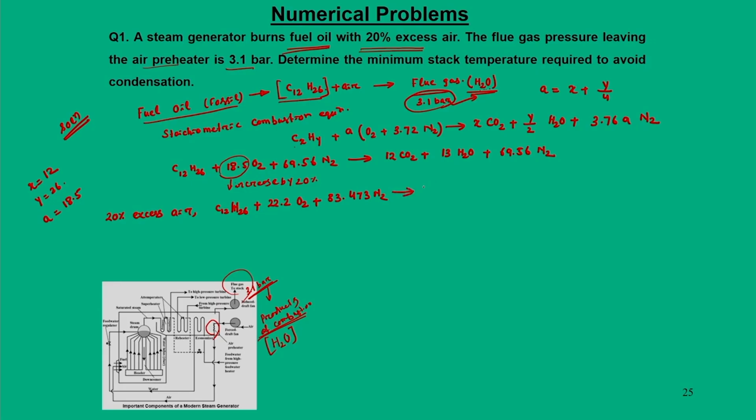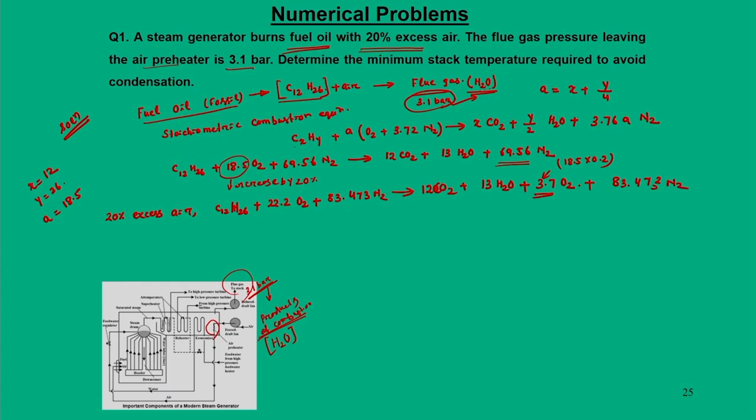This gives 12 CO2, which remains as it is, and H2O also remains as it is. Another 20% increase means 3.7 times O2 will be there, because 18.5 multiplied by 0.2 is 3.7 O2, and then we will also have 83.473 N2.